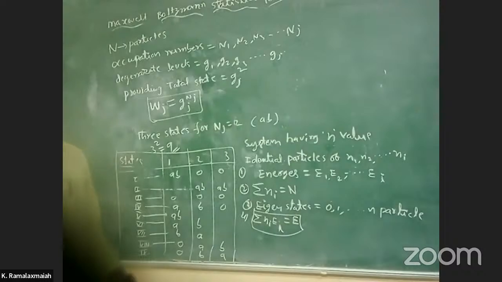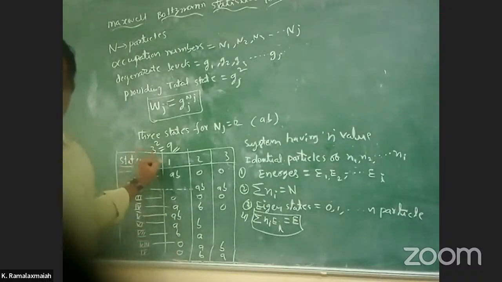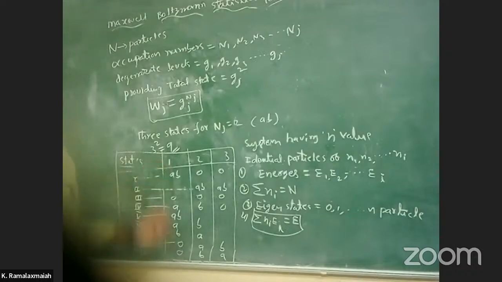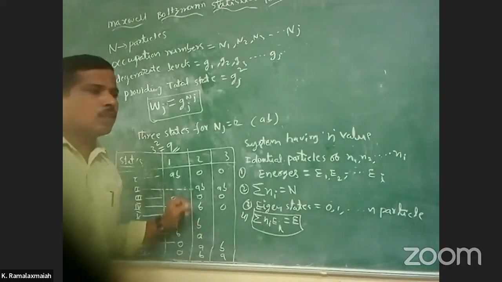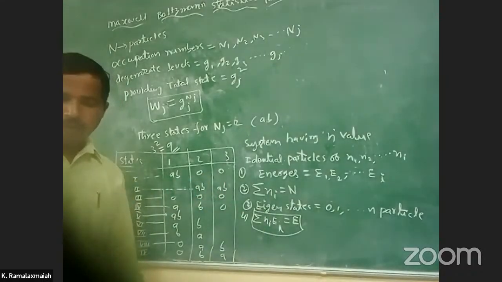Okay, so that is the energy of all the particles in the different quantum groups taken together, which is equal to the total energy of the system.